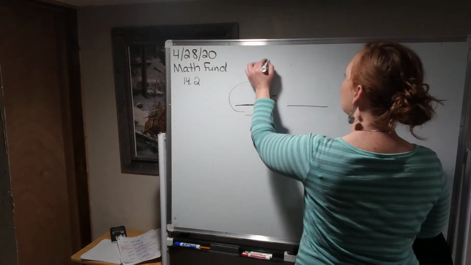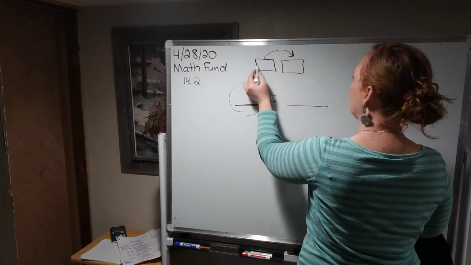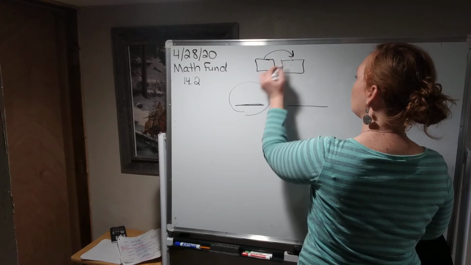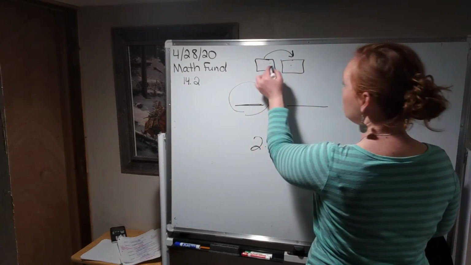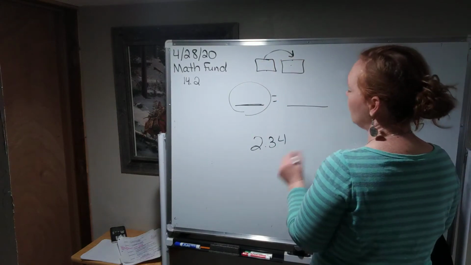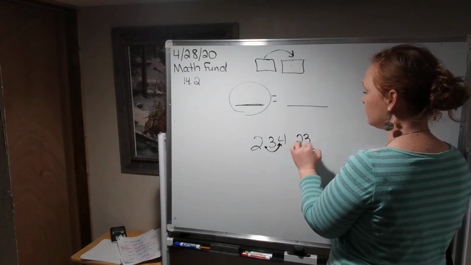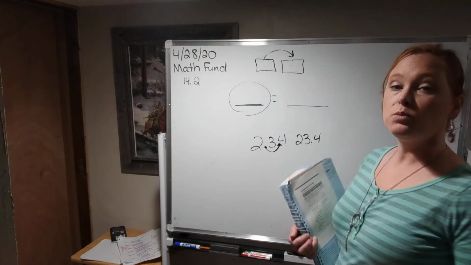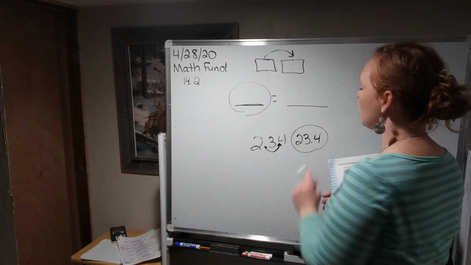If I start on this box, and I jump to this box, well, this tells me that in my number, I'm going to jump one to the right. So I take my decimal and I move one to the right. Okay, because we're multiplying and dividing by 10, and that's what happens when we multiply or divide by 10.